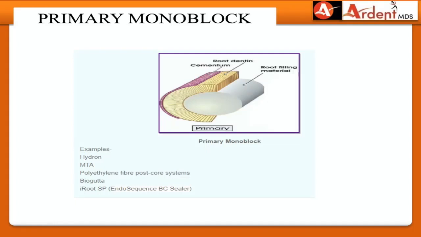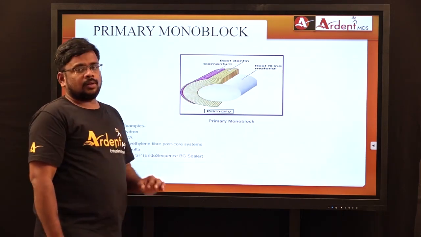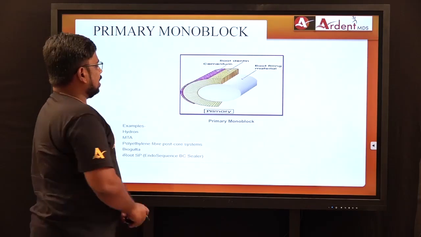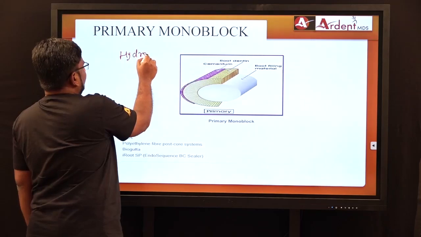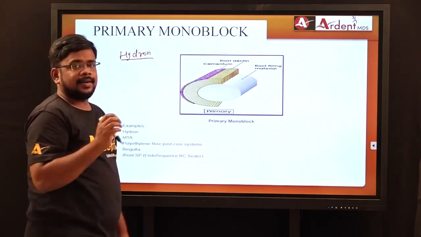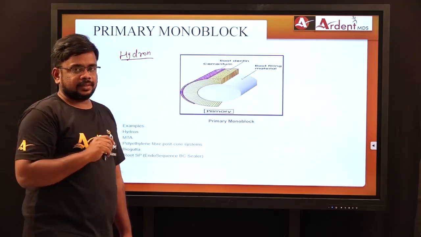So in a primary monoblock concept, as I said, you have only one material inside the root canal, or only one interface. Example for this is Hydron. Hydron is a polymer of hydroxyethyl methacrylate which is filled inside the root canal without any sealer.